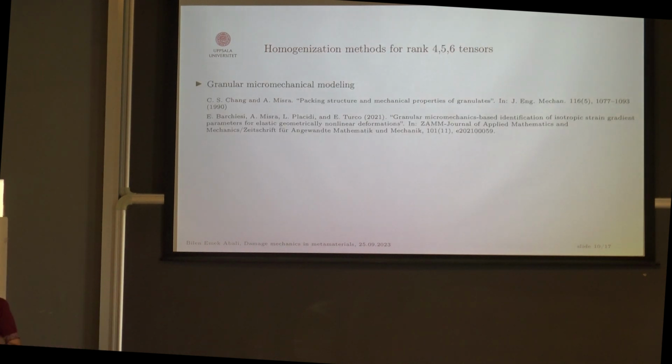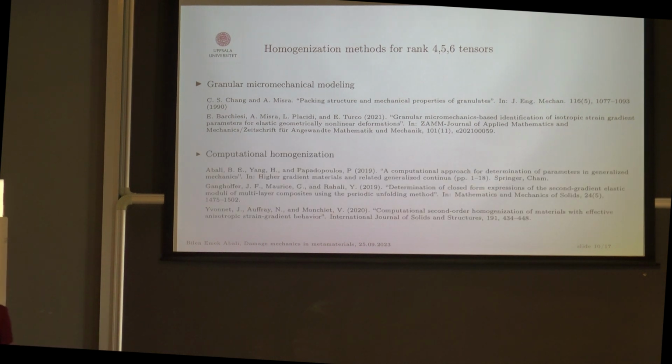There are different homogenization methods. If I am not mentioning yours, then please let me know. One of them is granular micromechanical modeling. Of course, Anil Misra and Luca Placidi are the frontiers here doing that. This is perfect, but it only works if you have a granular medium, which we don't have here. Another one is computational homogenization, which is pretty solid, but the problem is you need to define all the different possibilities of stretching and shearing, and you also have some problems with the boundary conditions.